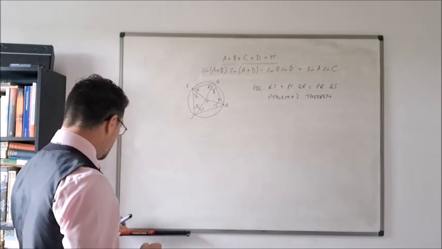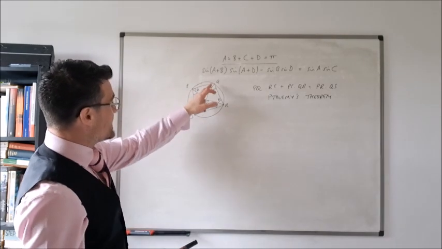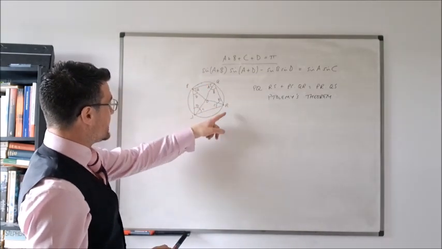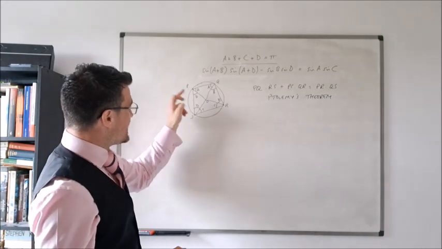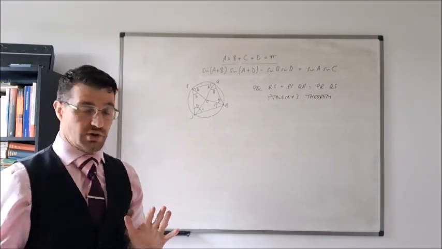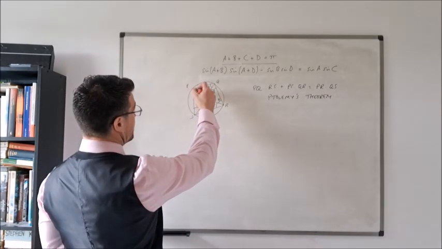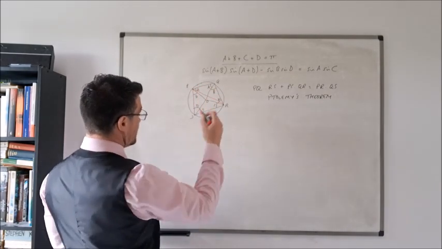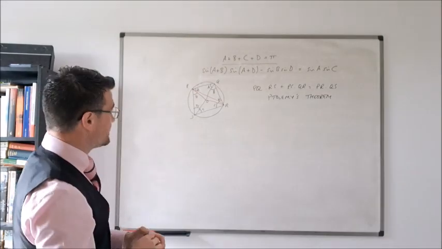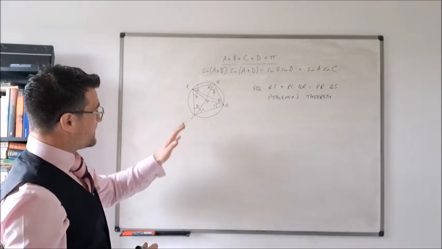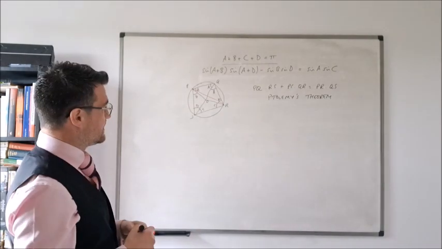So then I thought, okay, I've got the lines PQ, QR, RS, PS, but I need the lines PR and QS drawn in. Okay, so let me draw those in. But then I recognize I've kind of got a problem here, in that what I wanted to do was use the sine rule, I guess.